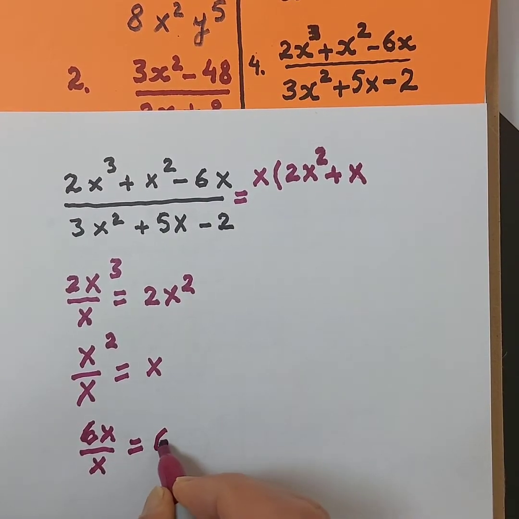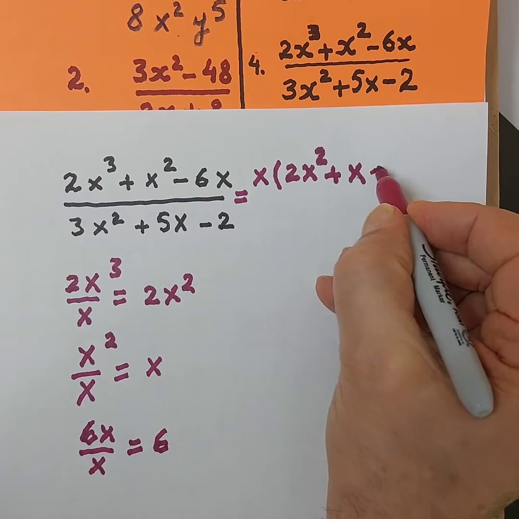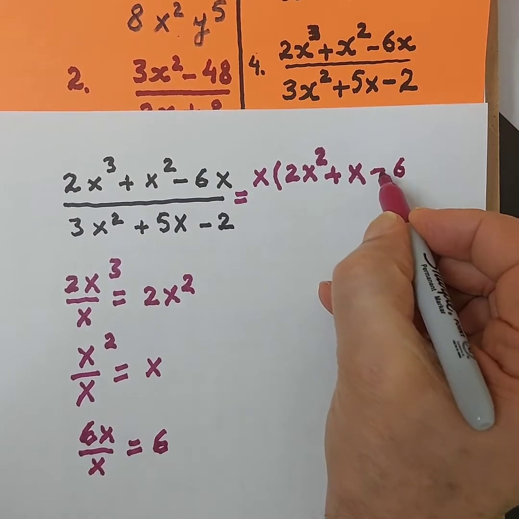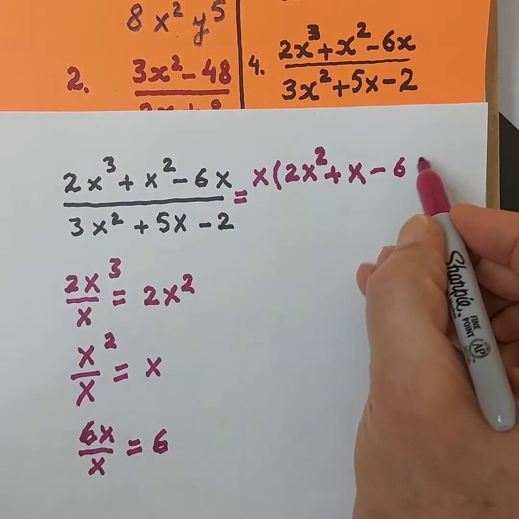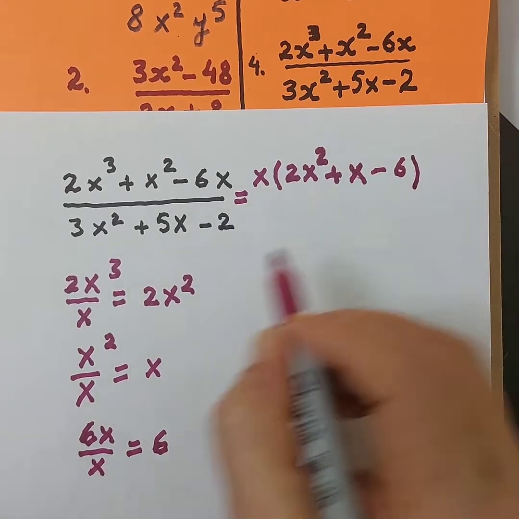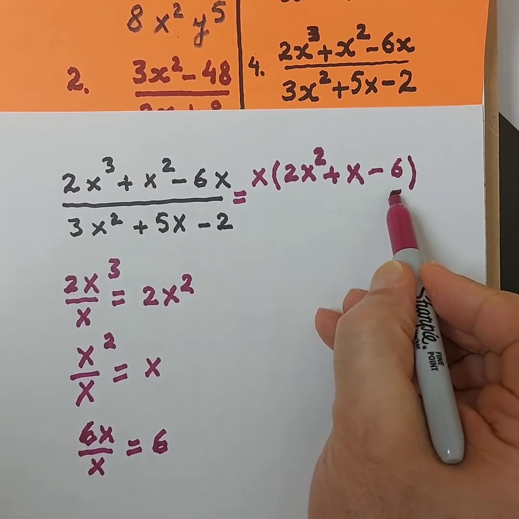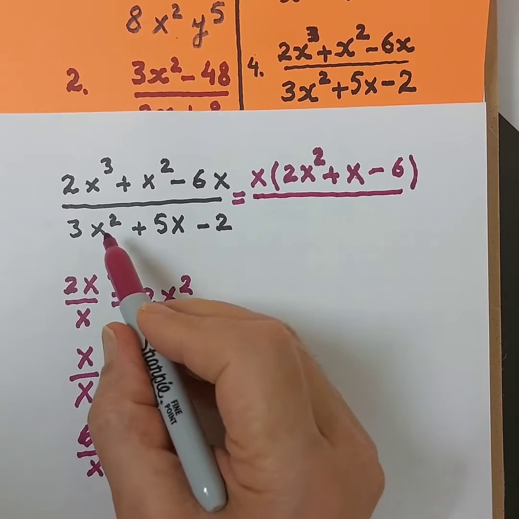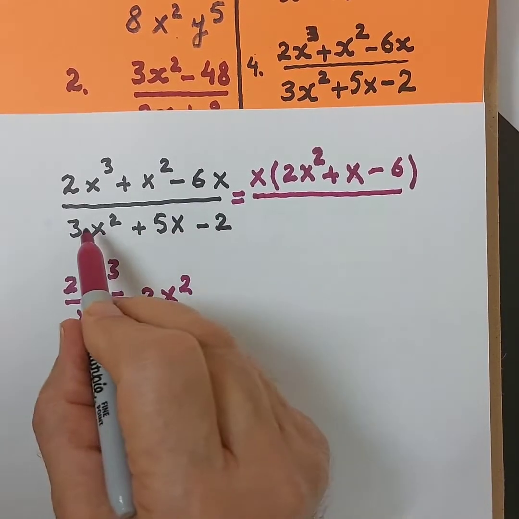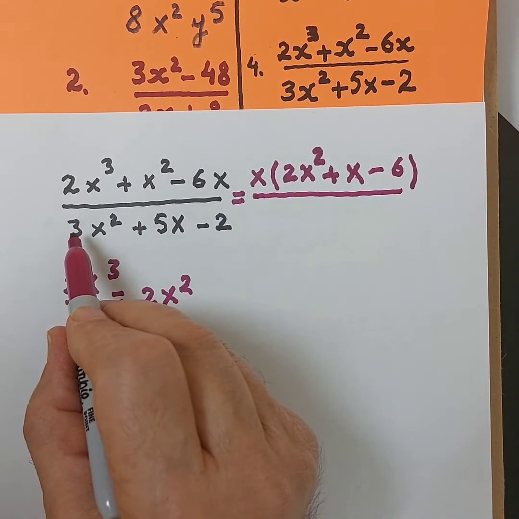So we write here 6. And the same sign as negative, we write it negative. Okay? Over the denominator, there is no common factor to take it out.